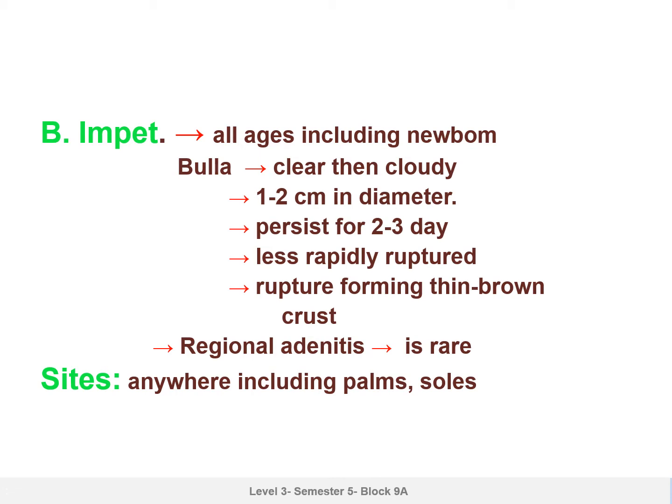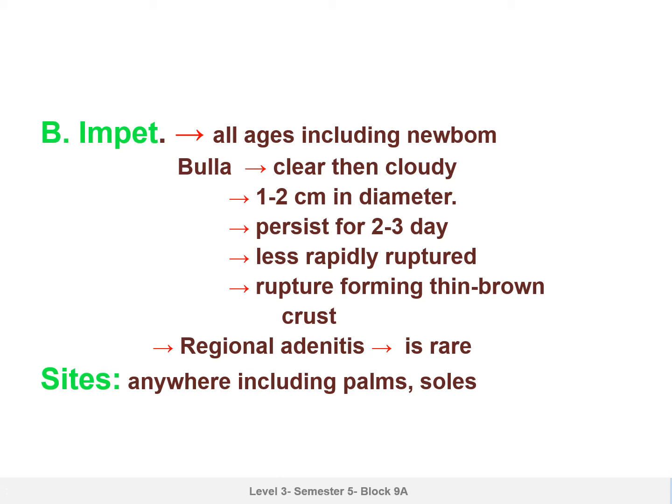The diameter of the bullae is 1 to 2 cm, and they persist for 2 or 3 days, then rupture, forming a thin brown crust. This type of impetigo is rarely associated with regional adenitis.